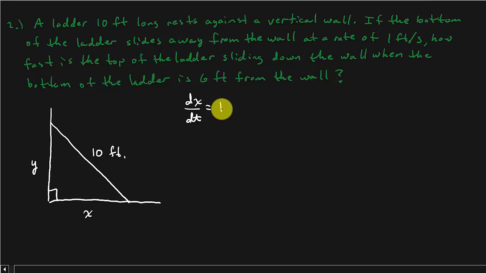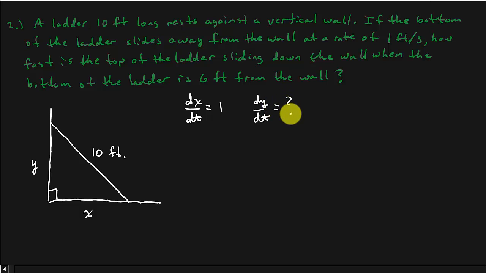And they want to know how fast the top of the ladder is sliding down the wall. As the bottom slides away from the wall, this point up here slides down the wall. That's the change in Y, so we're looking for dy/dt. That's what we want to find.